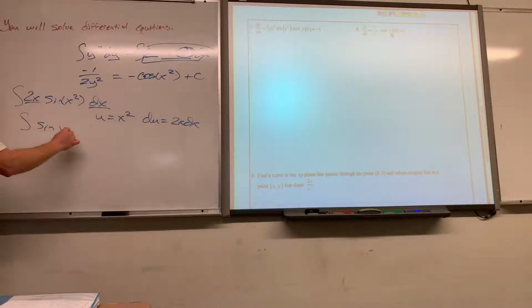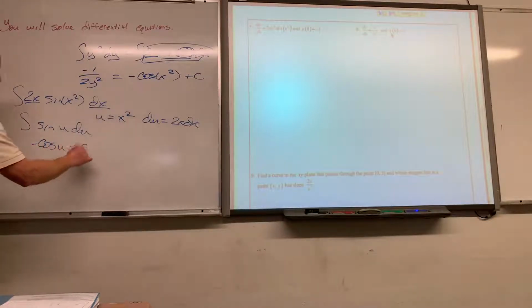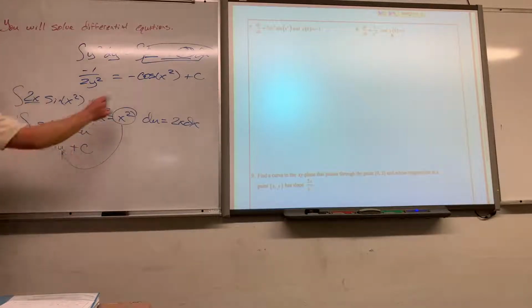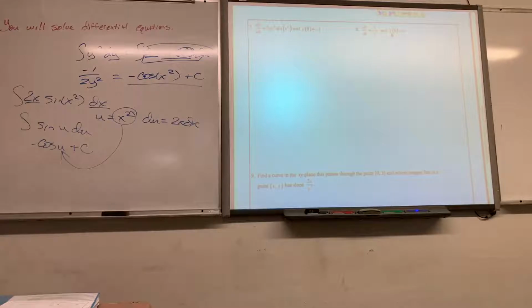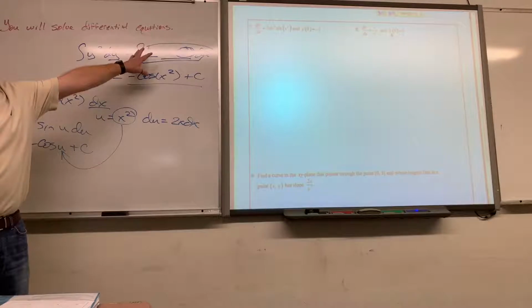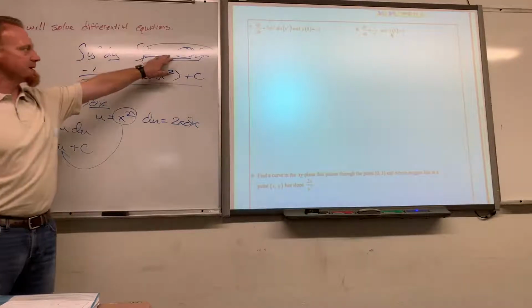So when I substitute, I get sine of u du, which is negative cosine of u plus c, and then substitute back in here, and that's how we end up with that. Pretty much whatever your u is, if your u shows up, then you don't have to worry about it. Just like this. I just integrate what's there.